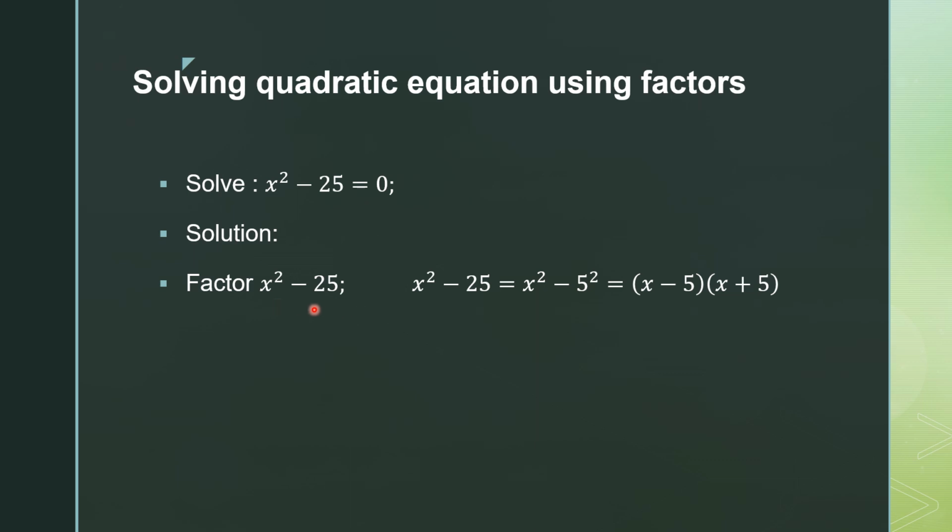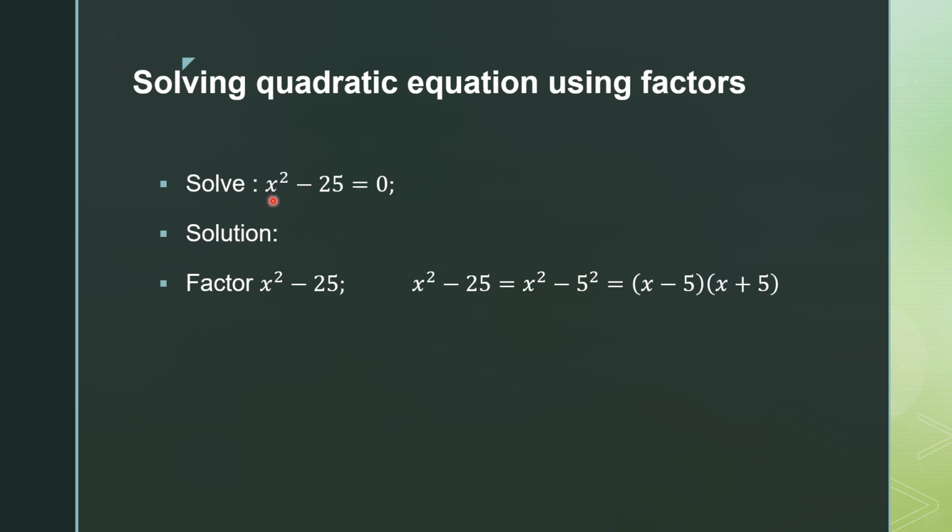So we can factorize this expression as x squared minus 5 squared, which is a difference of 2 squares, and can be factorized as x minus 5 in one bracket, and the second bracket is x plus 5, and the 2 brackets are multiplied by each other.